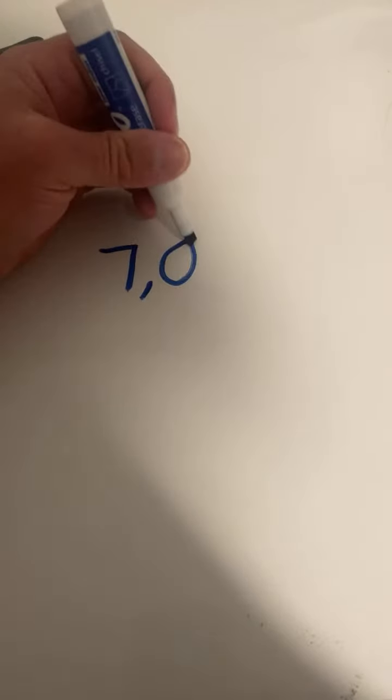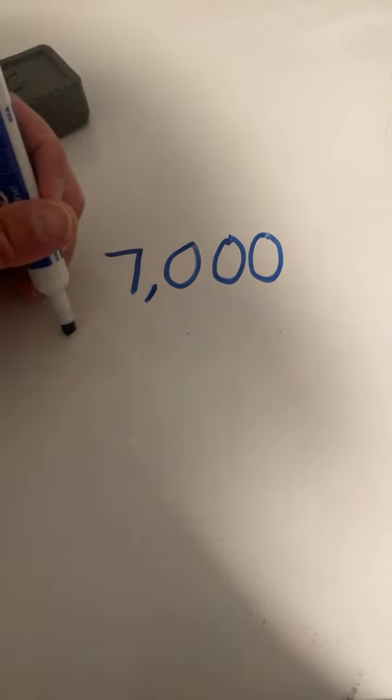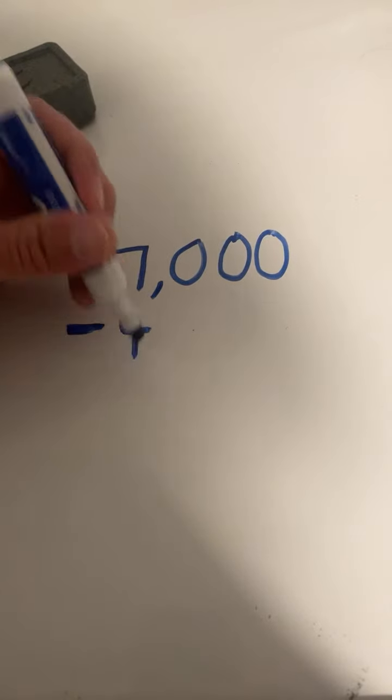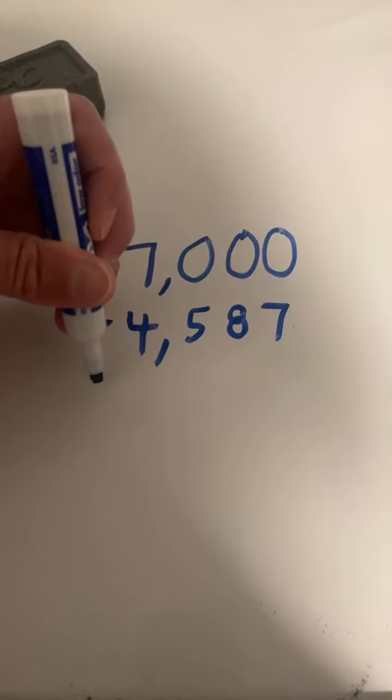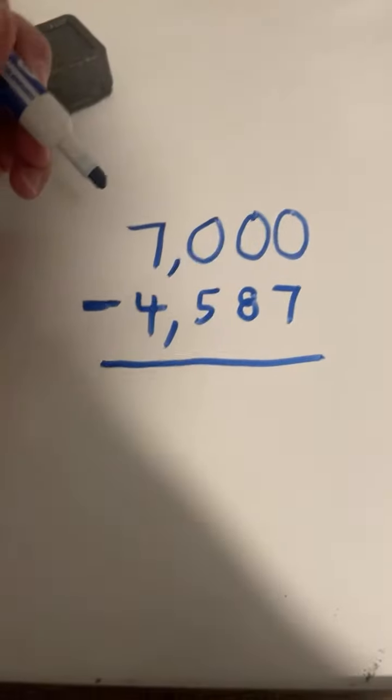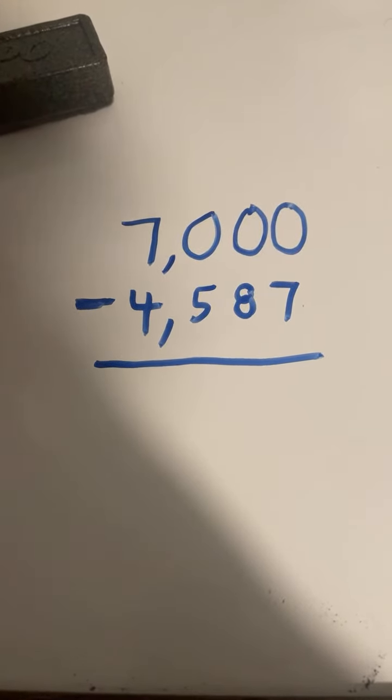All right, I'm going to rock out with one more problem. $7,000 minus 4,587. So step 1 before we do any subtraction is we make sure all the digits on the top are bigger.